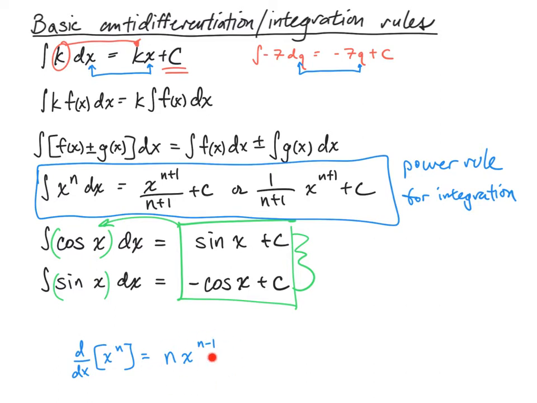So here we're subtracting 1 from the exponent, here we're adding 1 to the exponent, here we're multiplying by what used to be there, here we're dividing by what's there now. It's exactly in reverse.